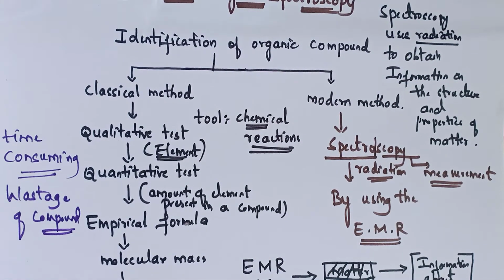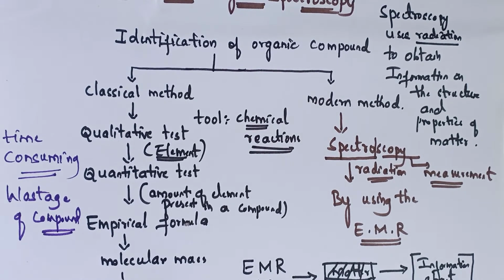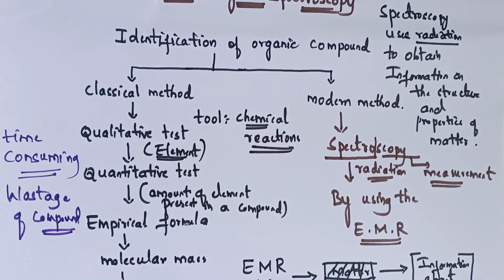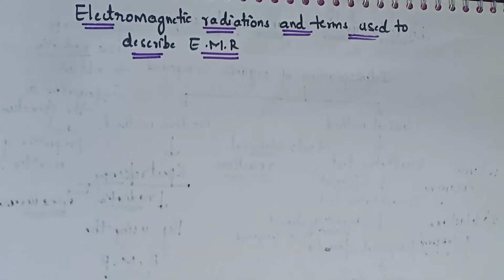Now, let us learn about the electromagnetic radiations and terms used to describe electromagnetic radiation. These things will form the basics of this spectroscopy. If you have to learn spectroscopy in detail, you should have an idea about the electromagnetic radiations and the terms used to describe them. The names of various forms of electromagnetic radiations are familiar to us.